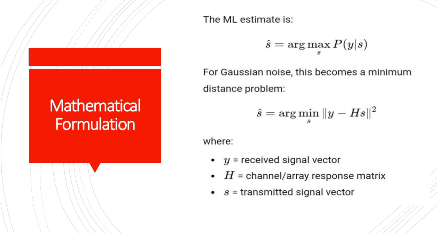For Gaussian noise, this becomes a minimum distance problem, so we need to compute the norm of y minus h s, squared. Here h is the channel or array response matrix, and s is the transmitted signal vector. You might know that any transfer function can be represented as h, which is the channel response. So for Gaussian noise distributions, we need to analyze the channel response also. This is the formula for the maximum likelihood method in the smart antenna system.